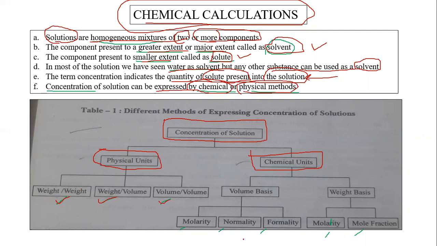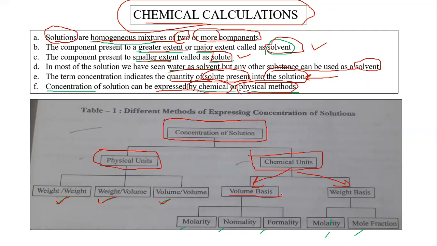We'll see each term one by one in detail. Chemical units are again classified into two subclasses: one is volume basis and the other is weight basis.